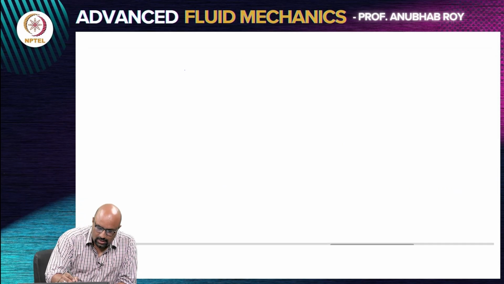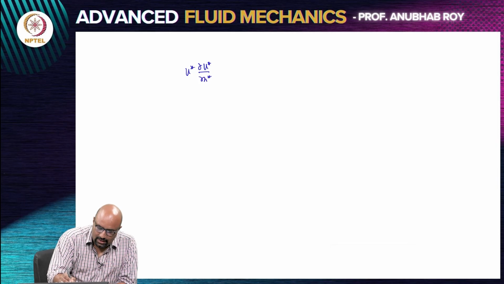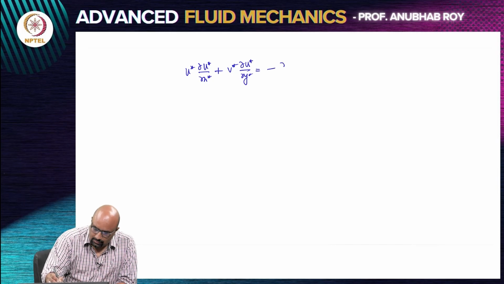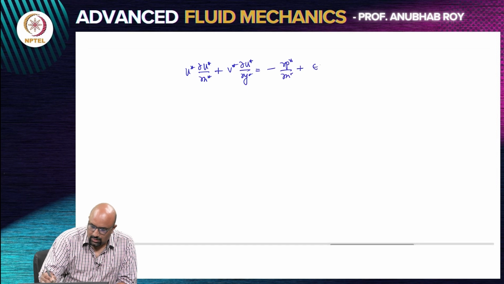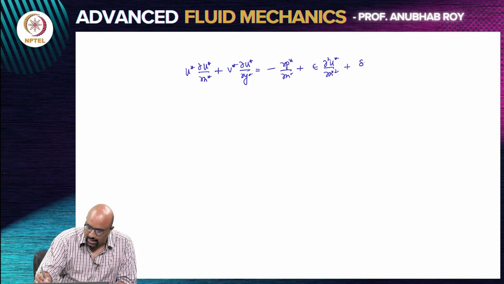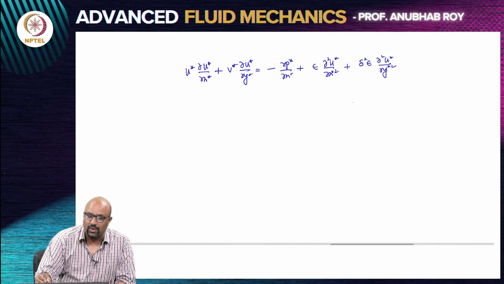So the final idea is, there is a term here which is epsilon dou square u star dou x star square plus delta square epsilon dou square u star dou y star square.